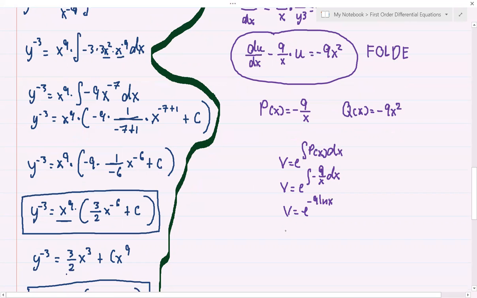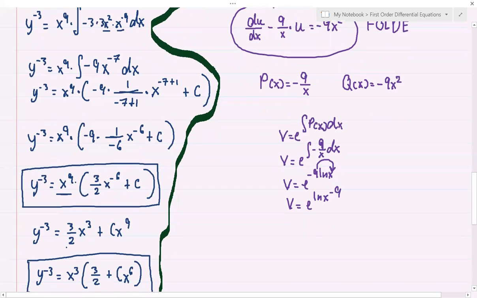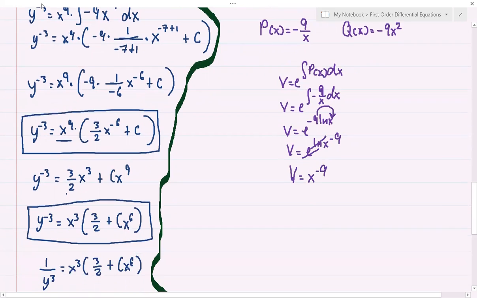But we can still simplify this one. Transpose negative 9 as an exponent for our x here. So we will have e raised to ln of x raised to negative 9. And remember, if we have a base of e and the exponent of e is a logarithmic function, we cancel e and we cancel ln. And hence we have v as x raised to negative 9. So this is now your integrating factor.